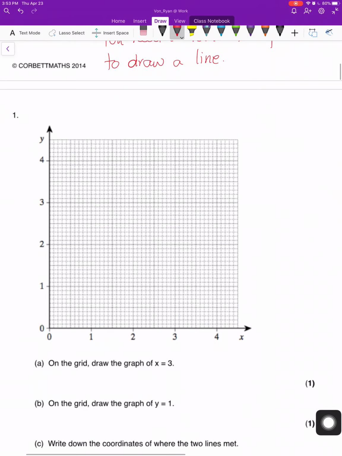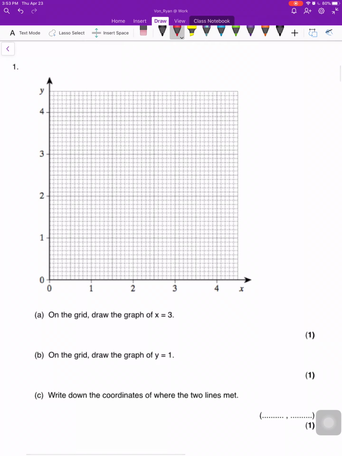So let's look at the first example, and this gives us a specific situation that we can easily draw a graph of. So on the grid, draw the graph of x equals 3. Now, this is very important.